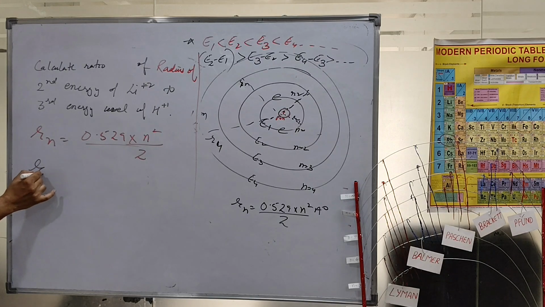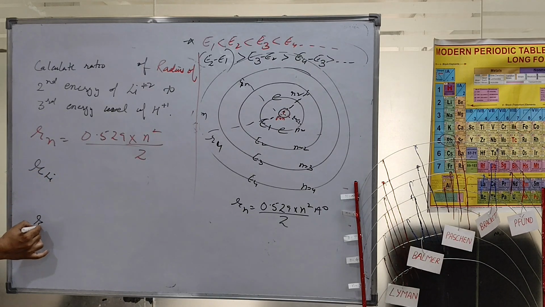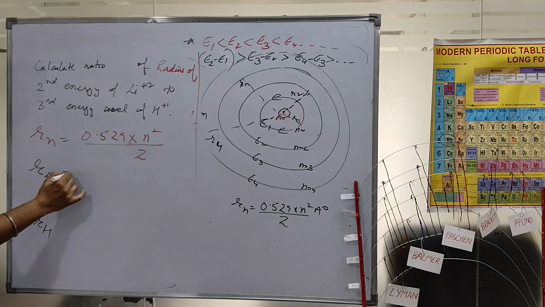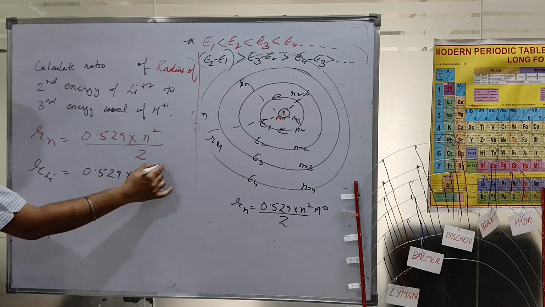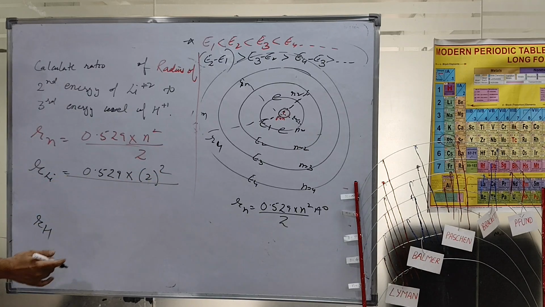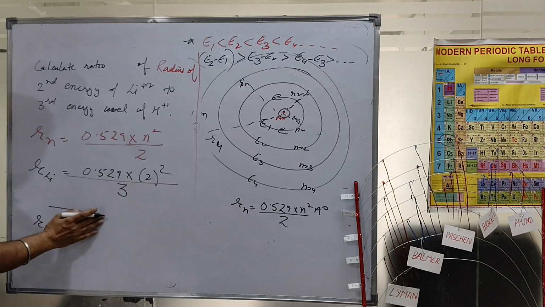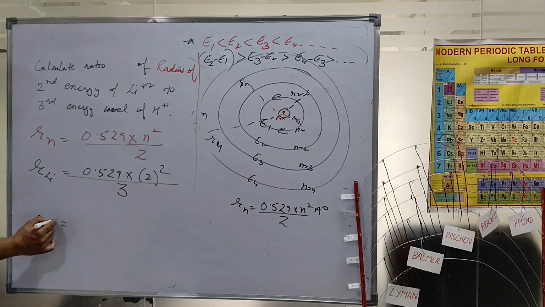तो ratio of lithium and hydrogen, और lithium का energy level 2, और lithium का atomic number, hydrogen, helium, lithium, so 3 to ratio of hydrogen.